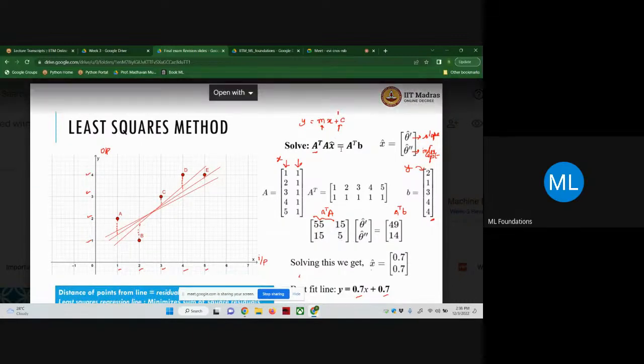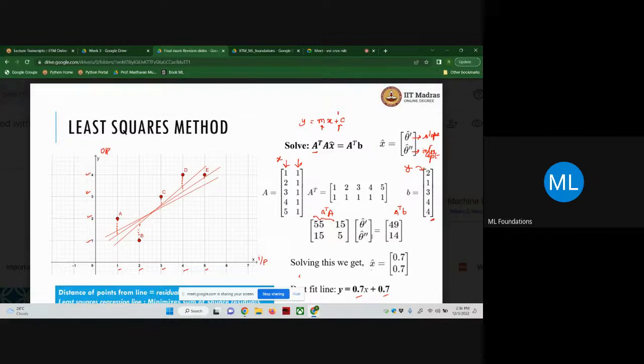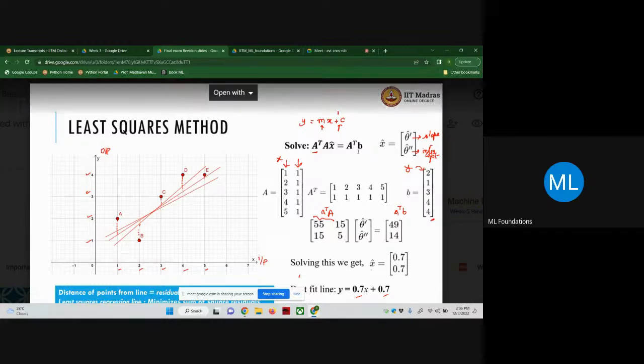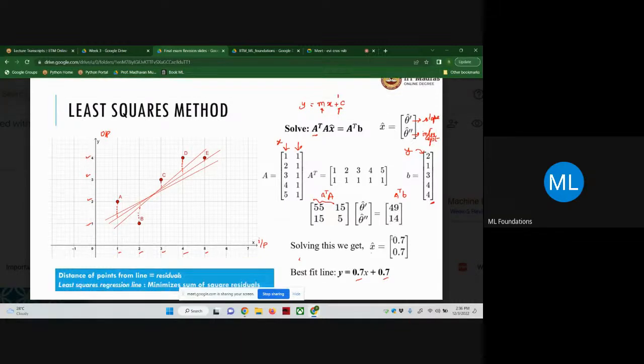So this x I can just represent as theta 1, theta 2, or you can just write it as m and c also. This should be equal to A transpose B, which was found as 49, 14.